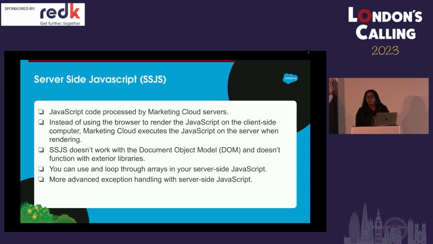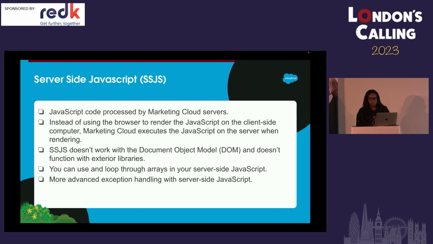So if you're already working with client-side JavaScript, you're pulling in some data from an external system via JSON, you're going to want to stick with using JavaScript or server-side JavaScript to do some of the server-side functions and logic. So you can loop through arrays. So we already saw what a loop looked like.